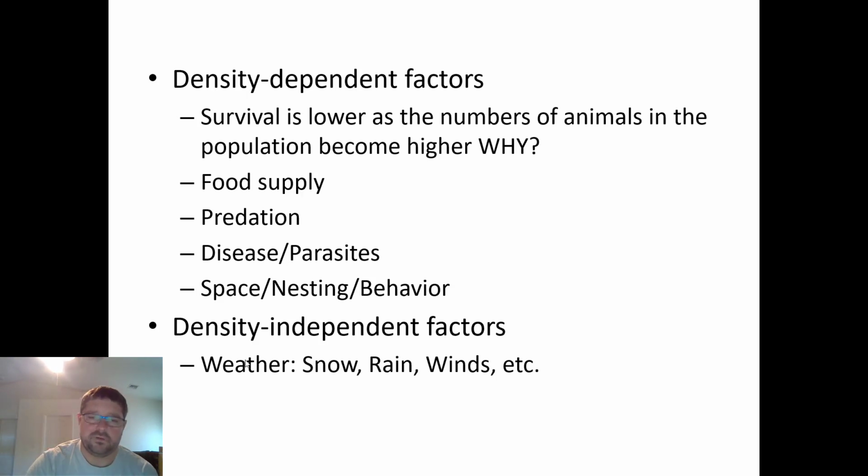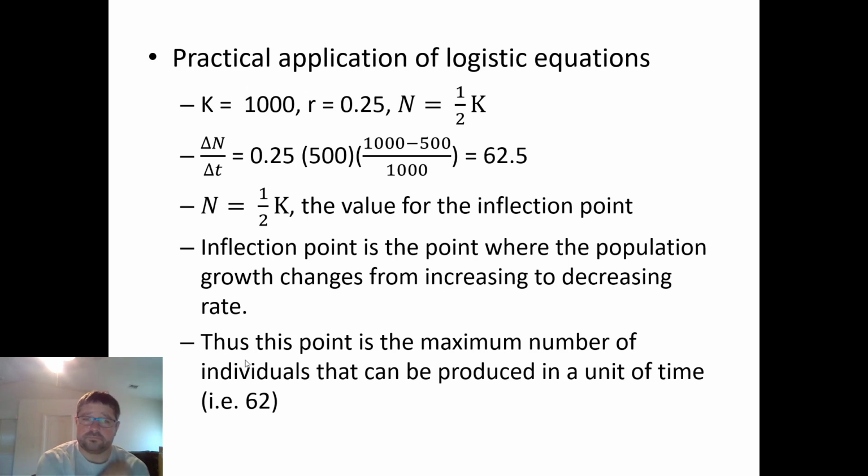All right. So let's look at a practical application of that logistic equation. Remember, the logistic equation takes into account K, the carrying capacity, the rate of growth, and N, the current population.